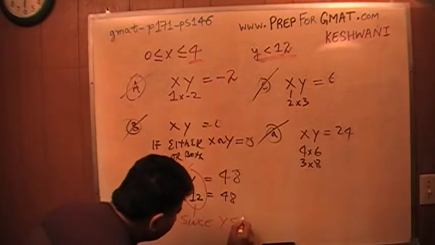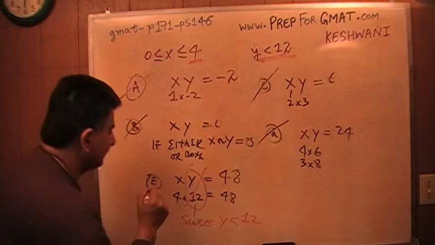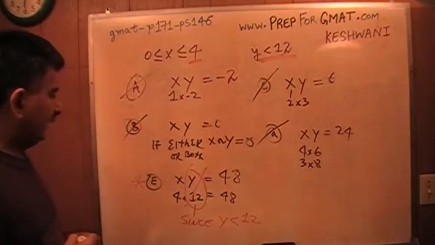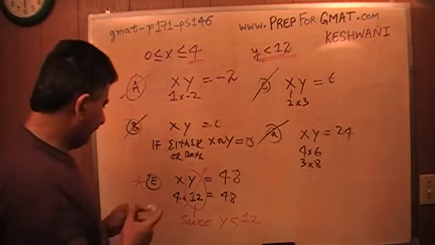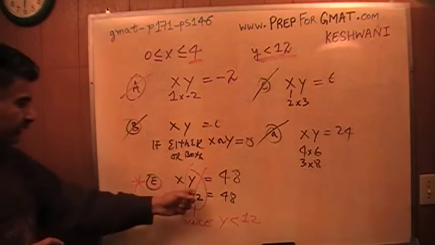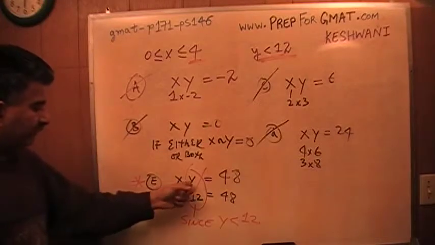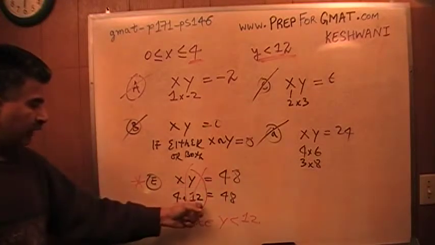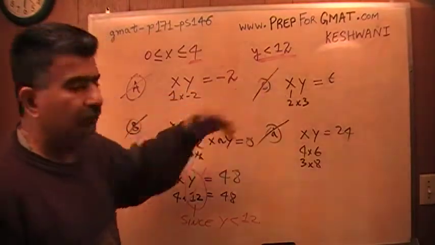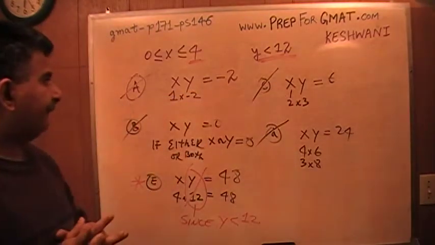Since y has to be less than 12, this is not possible. This is the answer. x times y cannot be 48. The answer is E. In order for x times y to be 48, y would have to be 12, and y is not allowed to be 12. y has to be less than 12. And that's the end of it.